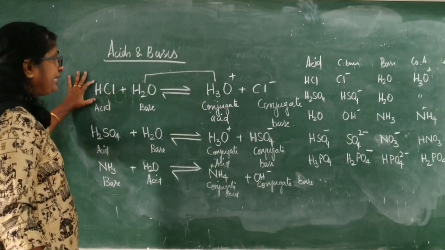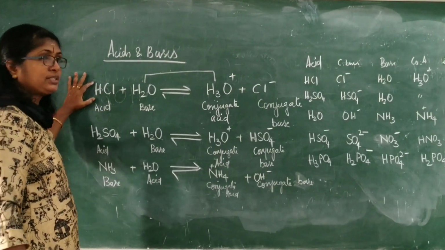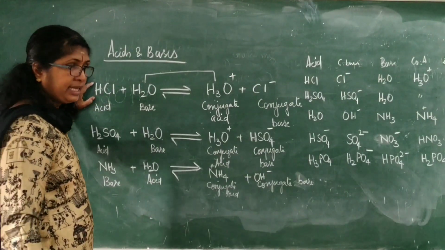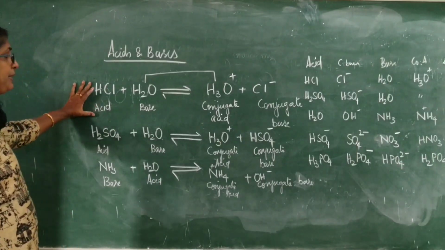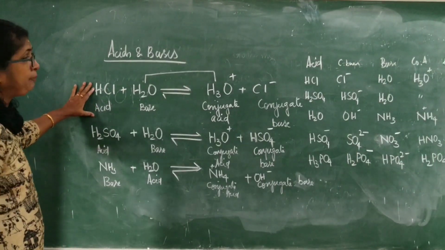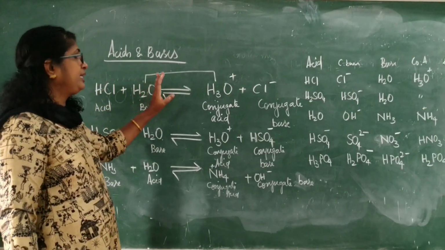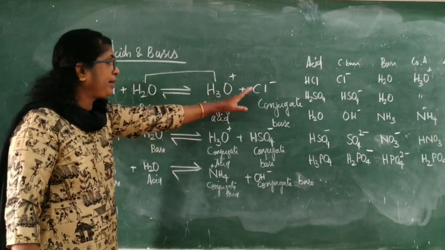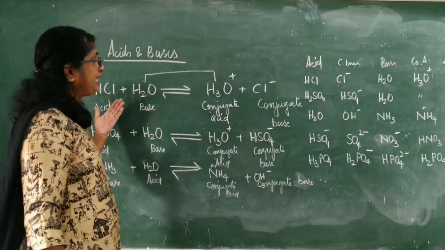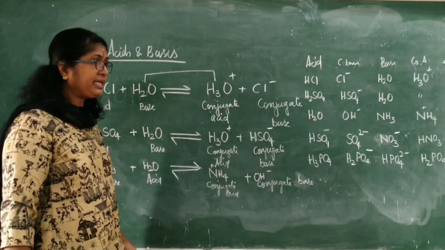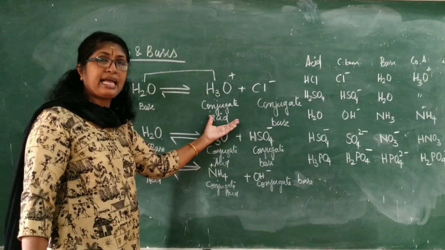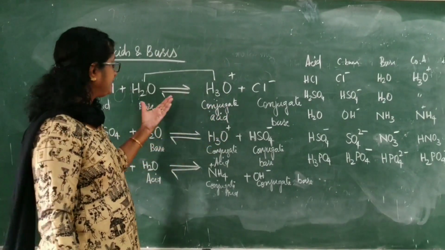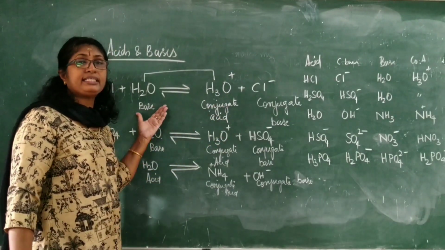So here acids are proton donors and bases are proton acceptors. HCl plus H2O. HCl donates a proton to water and becomes Cl minus. So the acid is HCl, its conjugate base is Cl minus. Water accepts a proton, so it is the base.